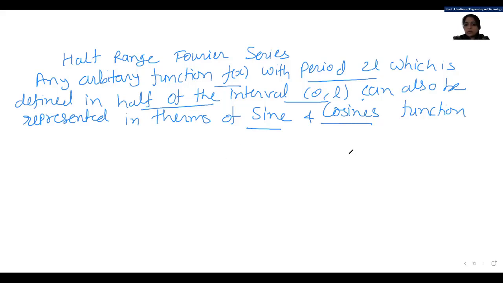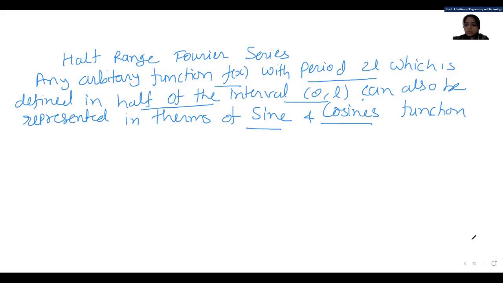There are two types of half range series. One is sine and the other is cosine. If we represent our function with period 2L in the half interval in terms of sine, then that is the half range sine series. And if we represent it in terms of cosine, then that is the half range cosine series.